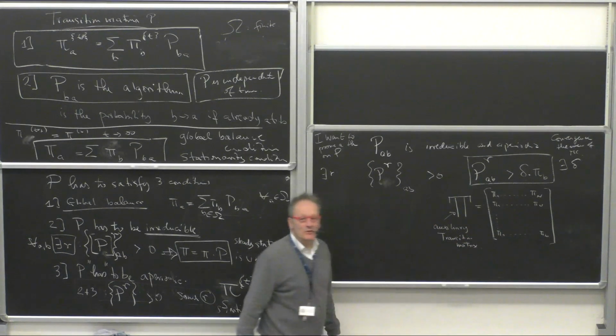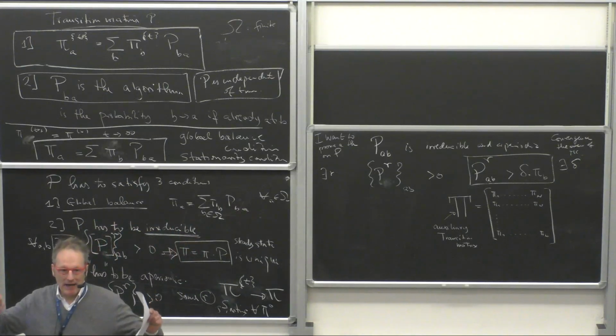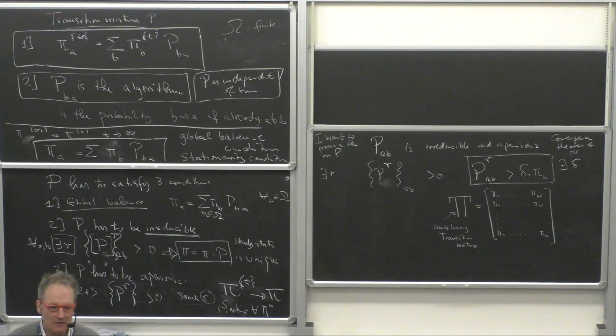I'm just taking the notations from this famous book. So capital Pi is an auxiliary transition matrix.